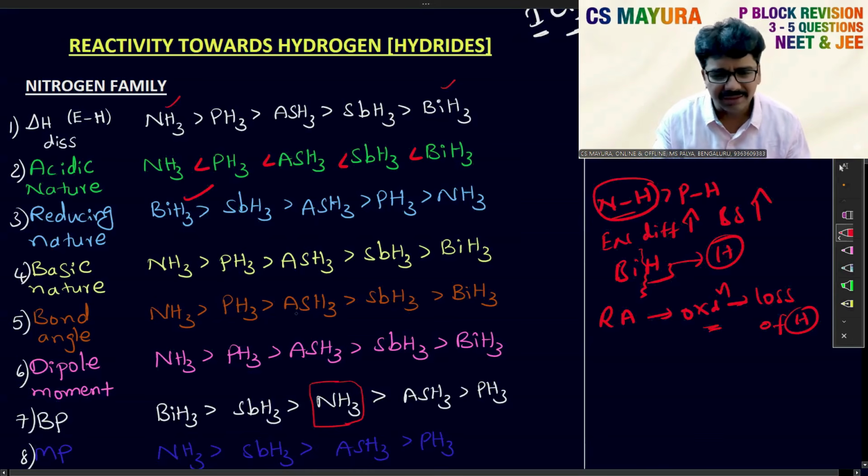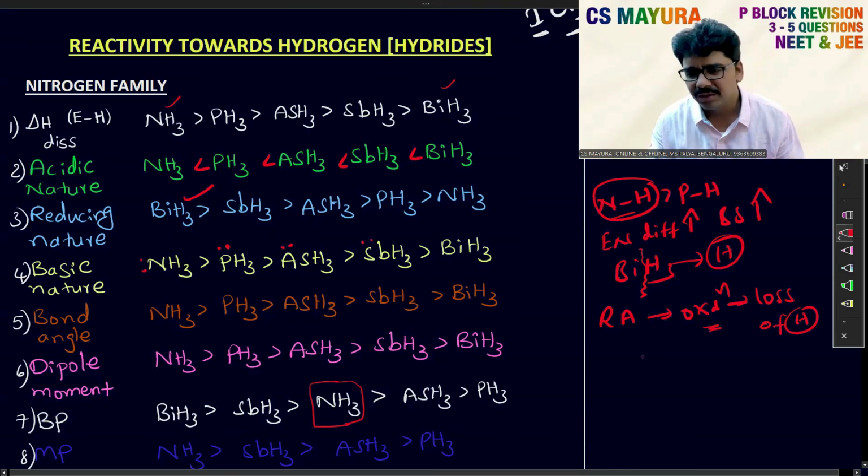Next, basic nature. Ammonia, phosphine, arsine, stibine, bismuthine are all Lewis bases. Now I am taking ammonia here. See, nitrogen is more electronegative and carries one lone pair. This more electronegative nitrogen attracts the electron pair towards itself.